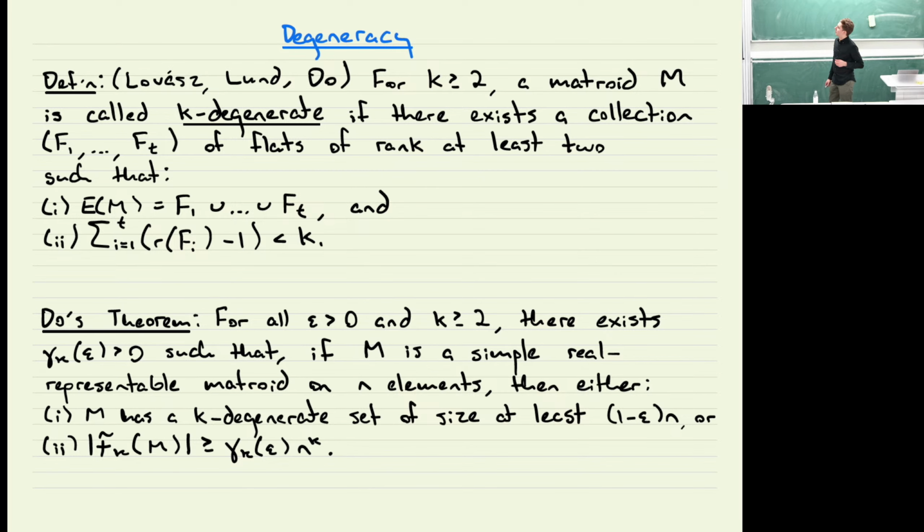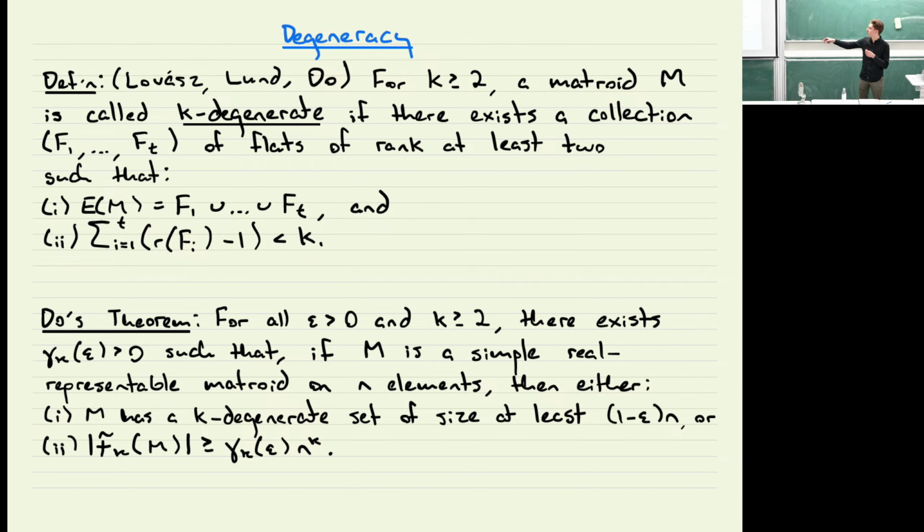So we get this. This was proved by Tao Do, and it uses this same notion of degeneracy that we just saw. What this theorem is saying, and I've stated it in full generality here, but we're only going to use it for planes, i.e. the k equals 3 case, is that essentially either your matroid has on the order of n to the k rank k flats.